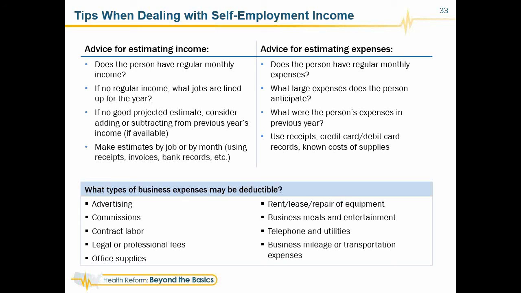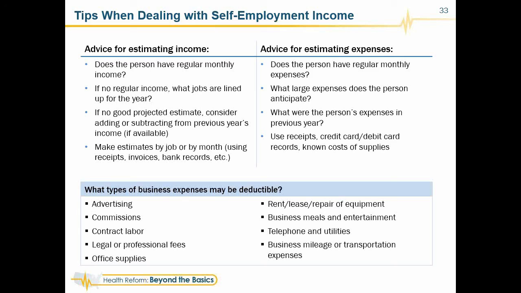Some other people know their average weekly income or their average monthly income. For some people, it's more quarterly or seasonal. And so based on their job, you should try to figure out what the appropriate time period is, so we can be talking and trying to figure out the most accurate estimate.